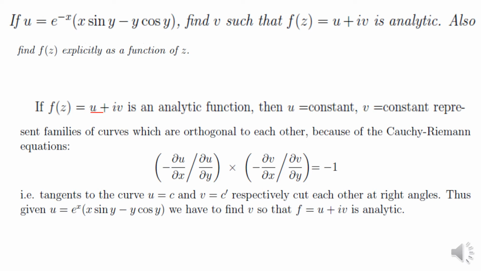So the first term gives us minus 1 here, and we know del v upon del x is equal to minus del u upon del y. So this gives plus 1, and the product is minus 1. That is, the tangents to the curves u equal to c and v equal to c dash respectively cut each other at right angles. Thus we have to find v.